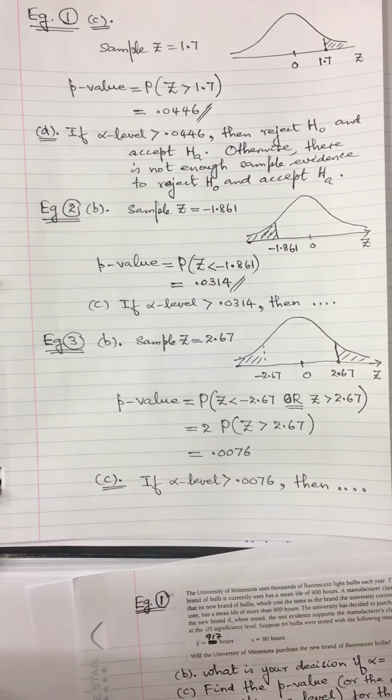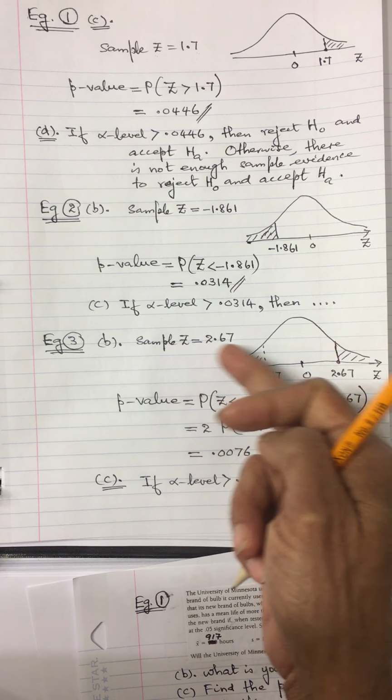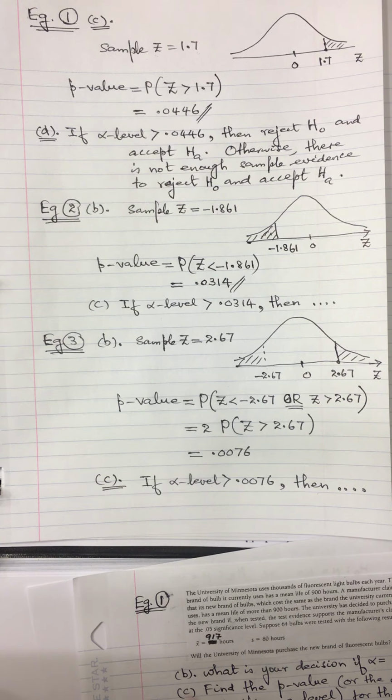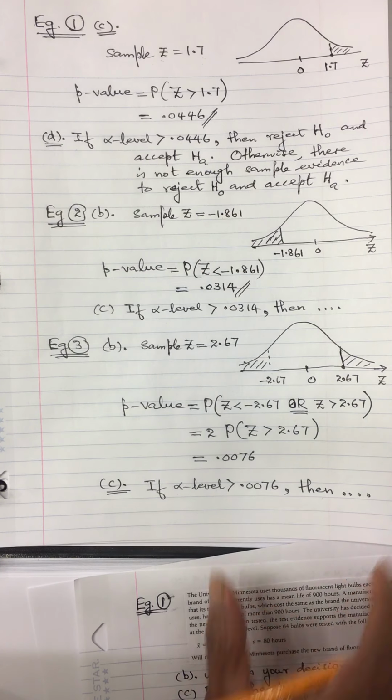Then you make your conclusion by comparing that p-value with the given alpha level in the question. Or, if the alpha level is not given, you make your decision like that.